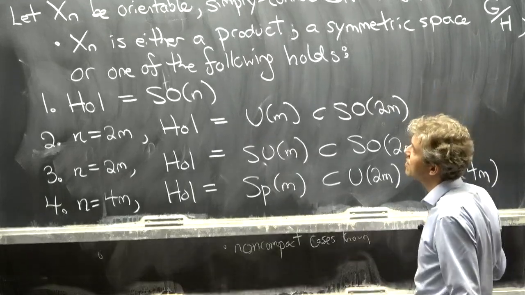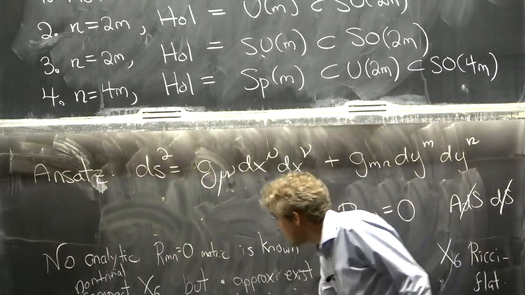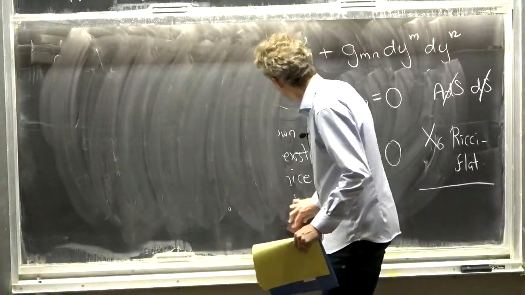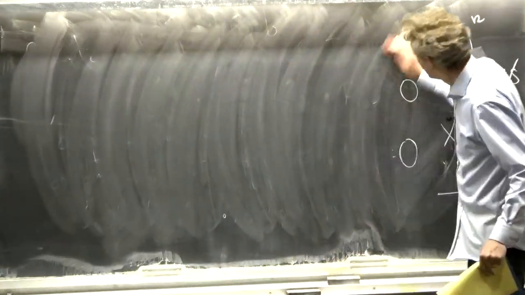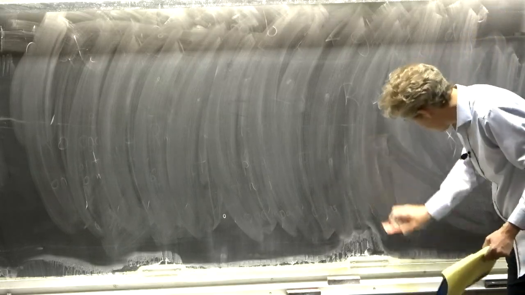I'll give names for these things, but let me just write all of them, and then we'll go through the field guide to holonomy. I haven't said what special is. I introduced the word in a preamble, but the definition will come once we've stated the list.